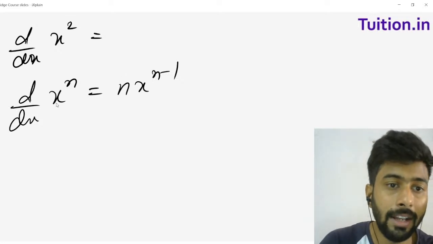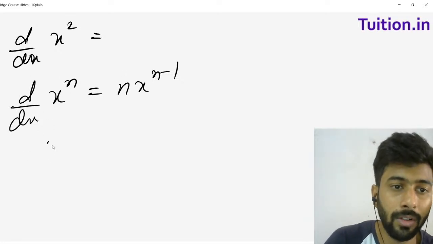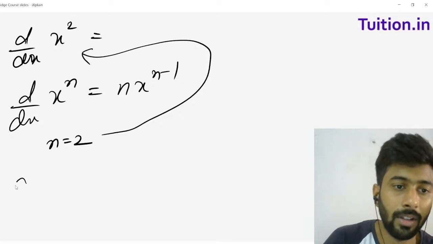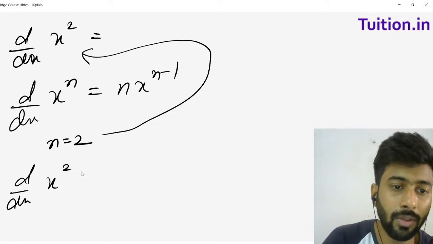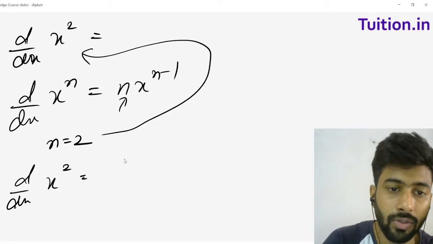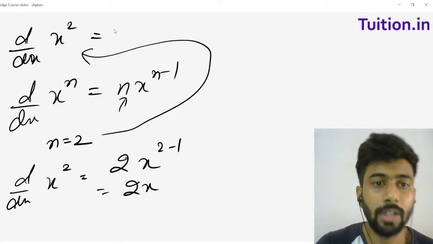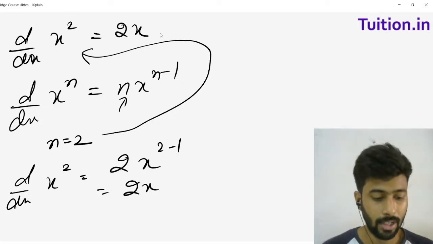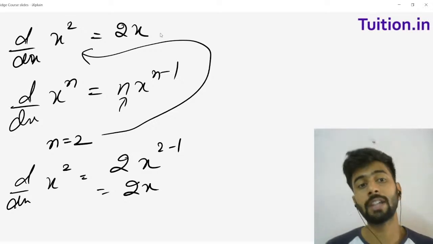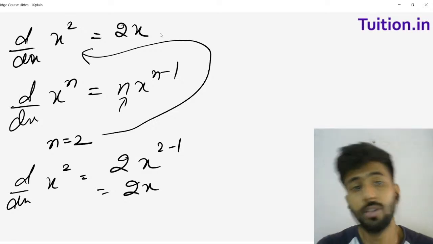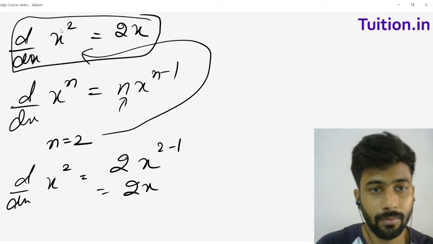If I make my n equal to 2, I will get this. So d by dx of x square will be 2 into x power 2 minus 1, which is 2x. So although I have not given you d by dx of x square, I have given you d by dx of x power n, and you can use that to get this.